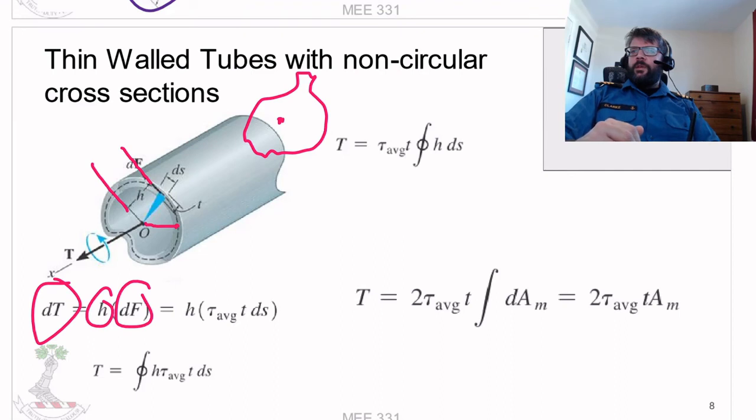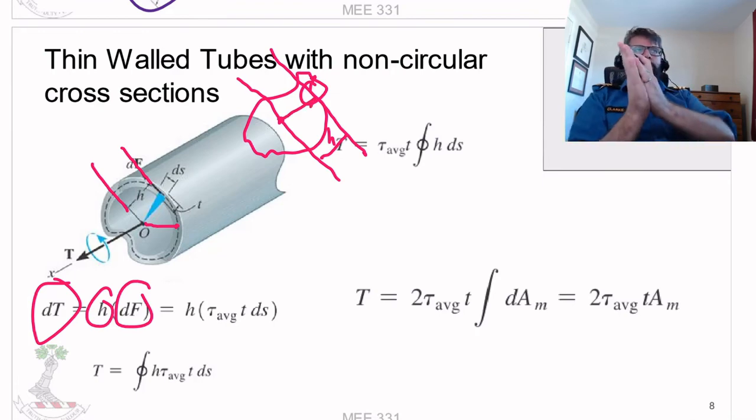If we're looking at this point right here, the h that we'd be looking at would be the offset based upon the tangent there. So this would be our h. It wouldn't just be the distance from here to here, because there's a bit of an angle difference there.